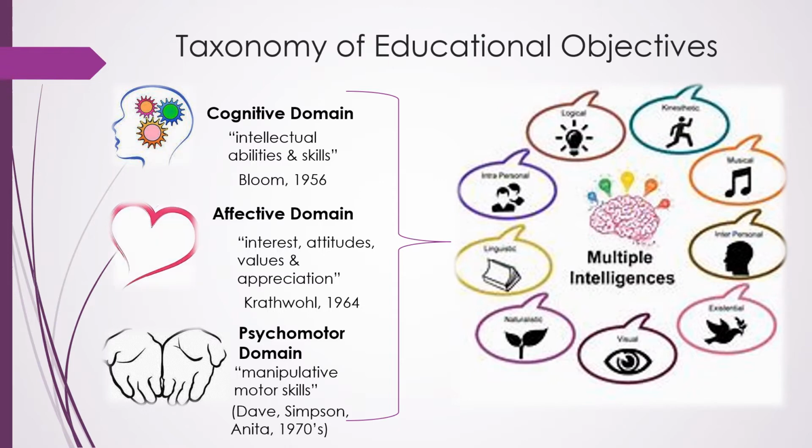Each of these domains is subdivided into categories. So, ibig sabihin, bawat domain na to ay meron pang level. Sa cognitive domain, meron tayong 6 na level. Sa affective domain, meron din tayong 6 na level o 5 level. Ganon din ang psychomotor domain.